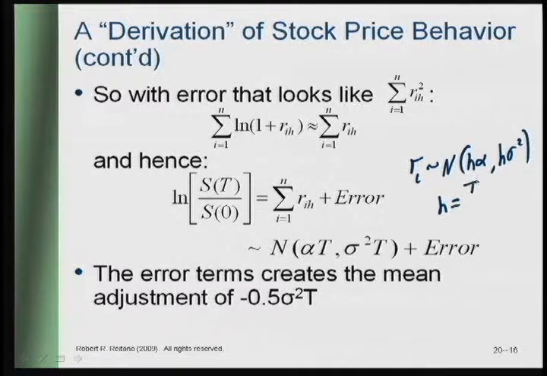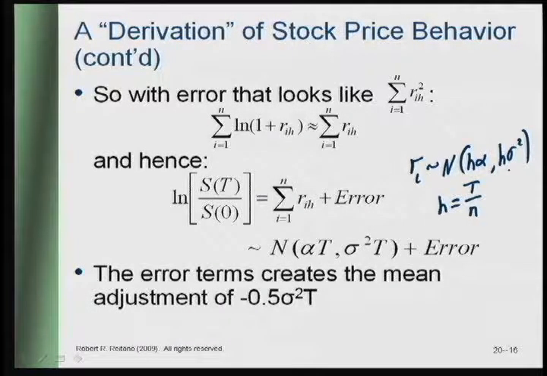H is equal to the period t over n. So I have n normal random variables, which I add up. They're all identically distributed. So the sum is normal, and moreover, I can determine the mean. The mean is n times h alpha, well, nh is t, and the variance is nh sigma squared, nh is t.